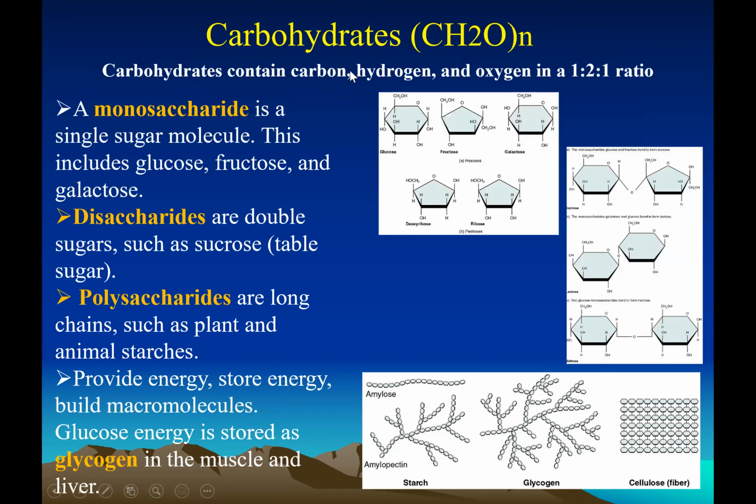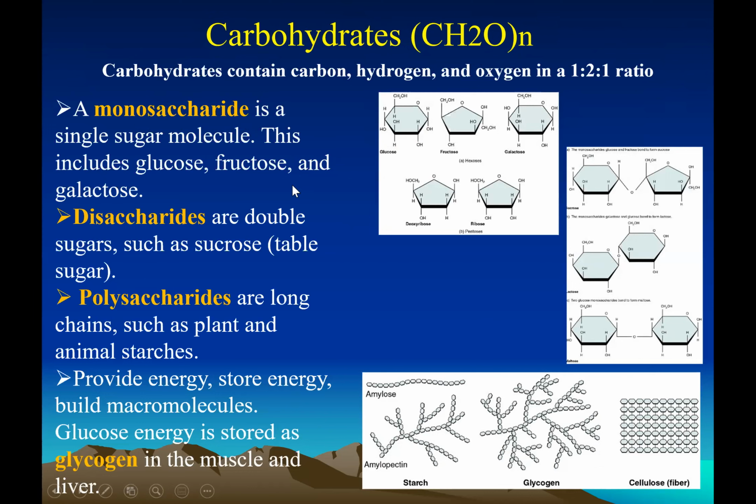The chemical formula of carbohydrate has a clue in the word itself. There's carbon, and hydrate means water, H2O, and it is found in the ratio of 1 part carbon, 2 parts hydrogen, and 1 part oxygen. Monosaccharide: saccharide means sugar, mono means 1, so it is a single sugar.